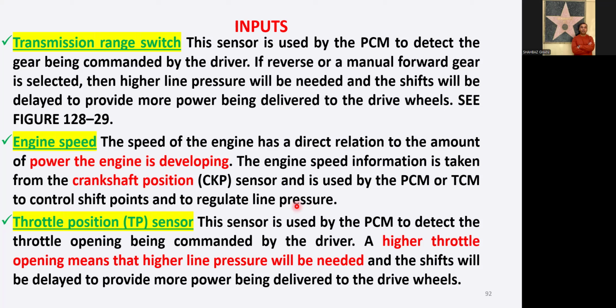The sensor senses that the engine is rotating at this much RPM, and that information is given to the powertrain control module or the transmission control module. So that's how there is a match between the engine speed and the speed range in the automatic transmission.